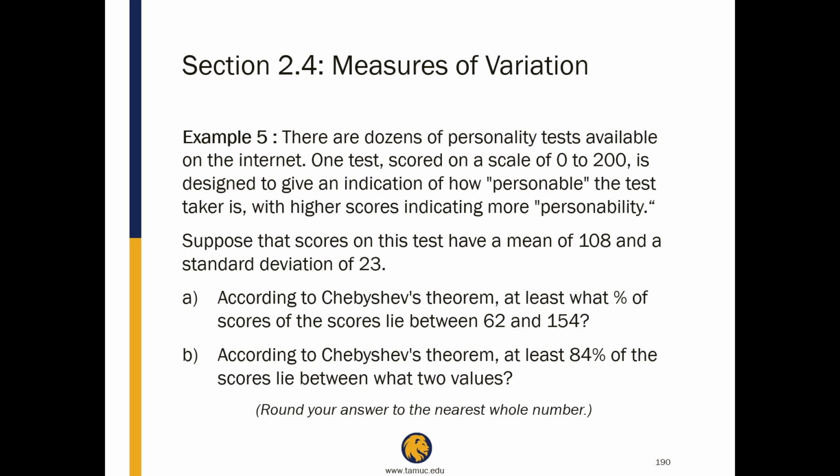Scores on the test have a mean of 108 and a standard deviation of 23. According to Chebyshev's theorem, at least what percent of scores lie between 62 and 154? Another part says at least 84% of the scores lie between what two values?